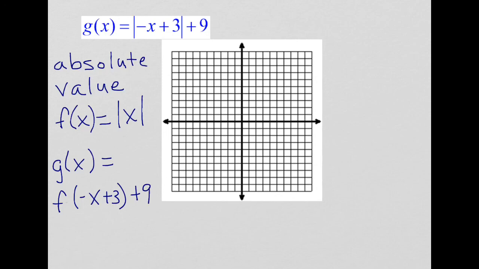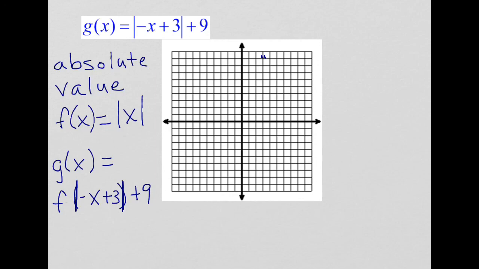Now to graph this, I know it's going to shift over to the right 3. And if I put 3 in for x, negative 3 plus 3 is 0, plus 9. So my first point is at 3, 9.